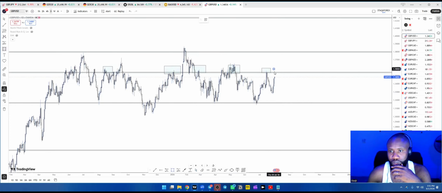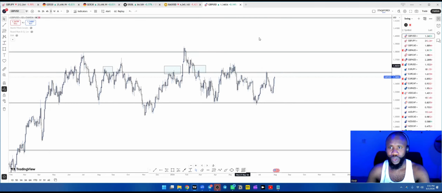The only thing we need to pay attention to is to let price get into this level first. We have 60 pips for price to move into this zone. Once price gets into this zone, that will be when we look for an opportunity, or see what is going to happen next.